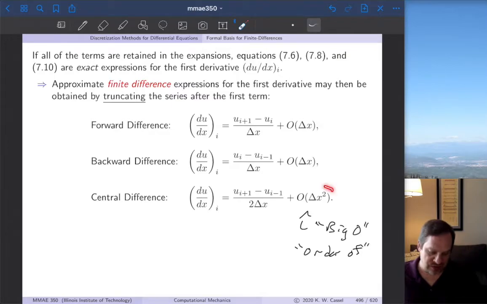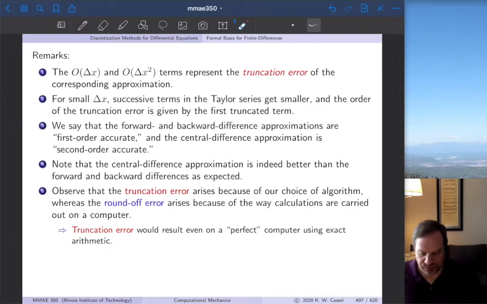Again, because delta x is small, delta x squared is even smaller, which means it has a smaller truncation error, second order versus first order. Some comments. So I mentioned that's the truncation error for small delta x. It's the first term that we truncate that determines that truncation error. I said this, first order accurate versus second order accurate.